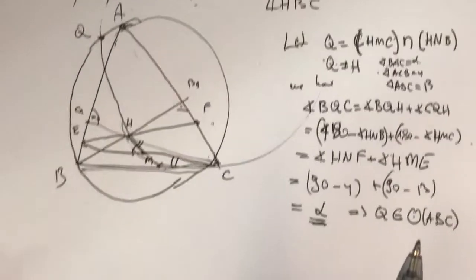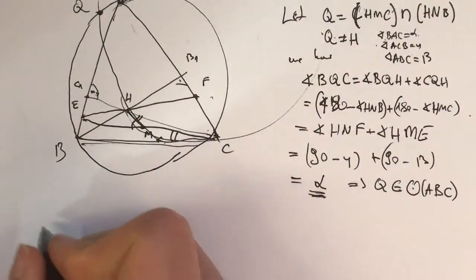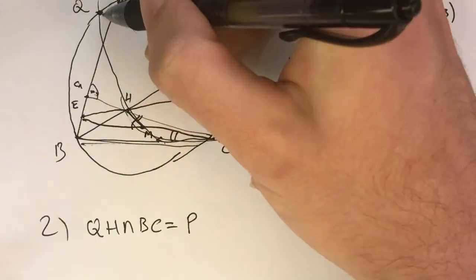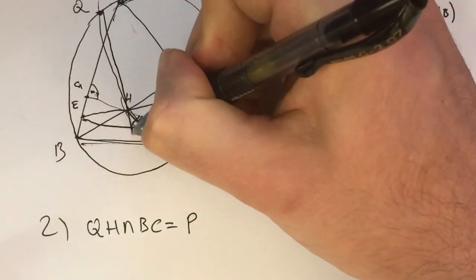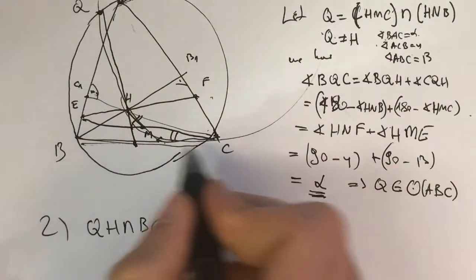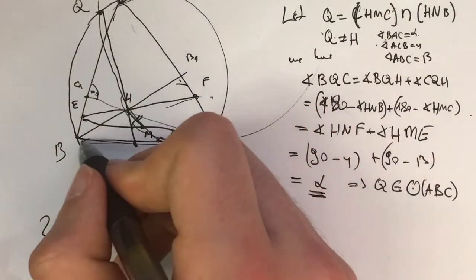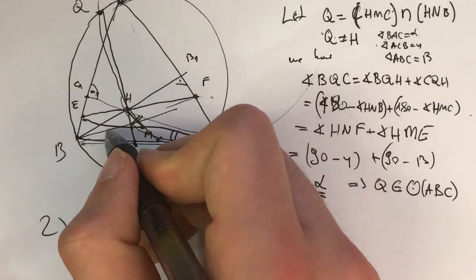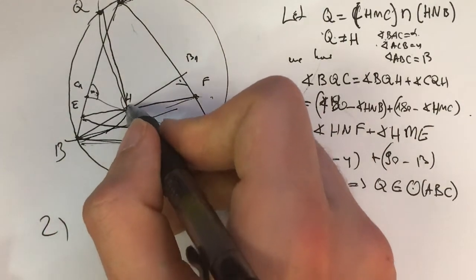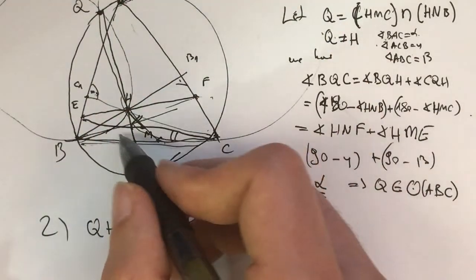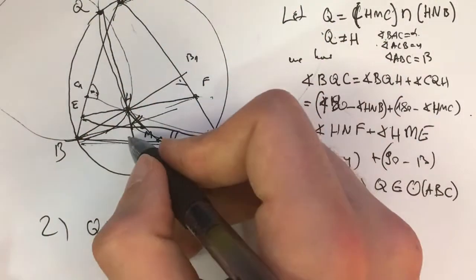So with that in mind, the next idea with Q is to intersect QH with BC. And the reason you're doing this is, remember, BC is tangent to both of these circles. So if I was to draw the other one, draw the point N approximately, BC is still tangent to both these circles.